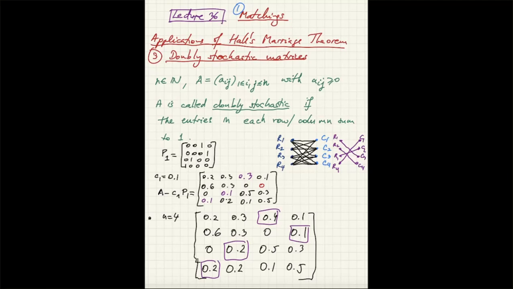But the other thing is that the number of non-zero entries in this matrix is smaller than the number of non-zero entries in A. So by the induction hypothesis, here you apply the induction hypothesis. This matrix can be written as a linear combination of permutation matrices, C2 times P2 plus and so on, plus CT times PT. And then when we move C1 times P1 to the other side, it gives us the required result for A. Okay, so that's the idea here.